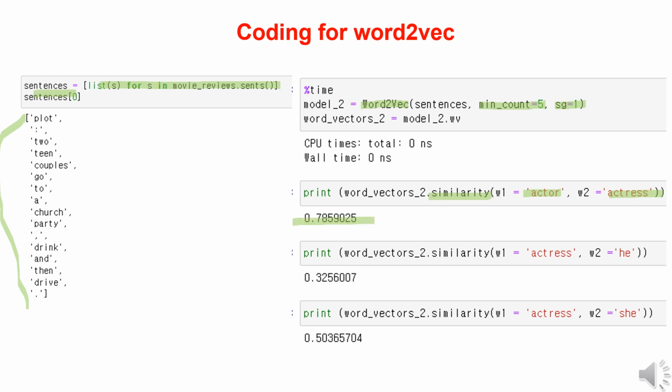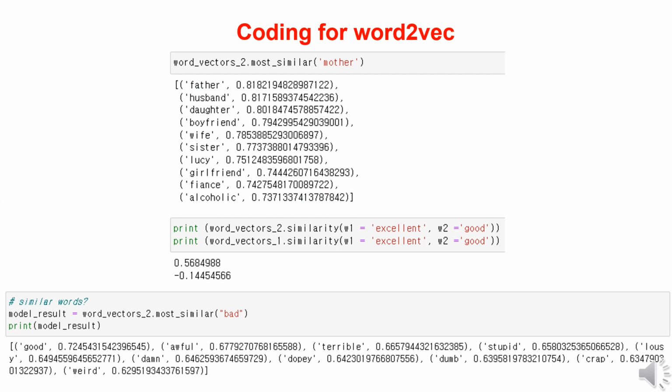The similarity between actress and he is around 0.33, while the similarity between actress and she is about 0.5. Therefore, we can conclude that she is more similar to actress, indicating a connection to the feminine gender.